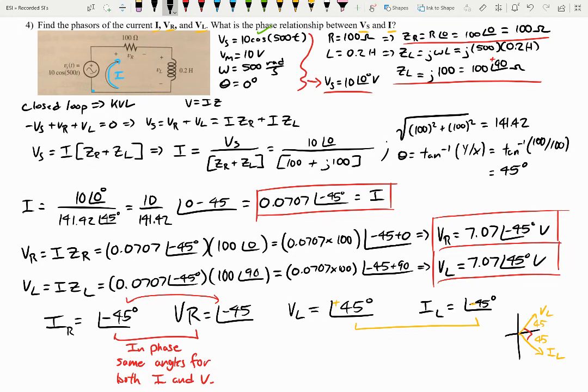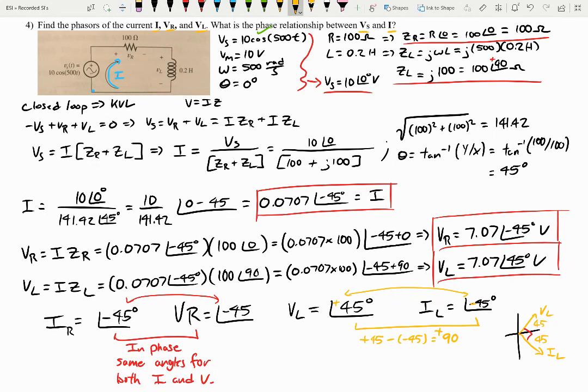And if we take a look at this, plus 45 degrees, minus negative 45 degrees. That gives us plus 90 degrees.